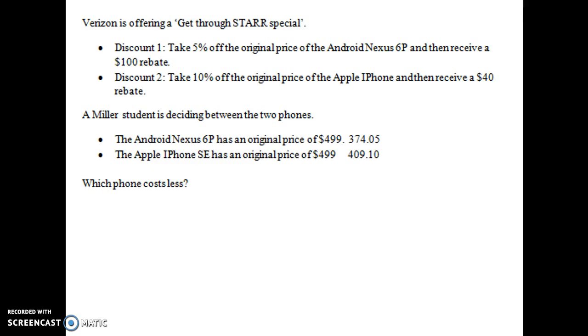And let's see. So I want to actually start at the bottom with this problem just to give you an example of each type of problem you'll see on your quiz today. So it says Verizon is offering a Get Through Star special. Discount 1 is to take 5% off of the original price of an Android Nexus 6P and then receive a $100 rebate.